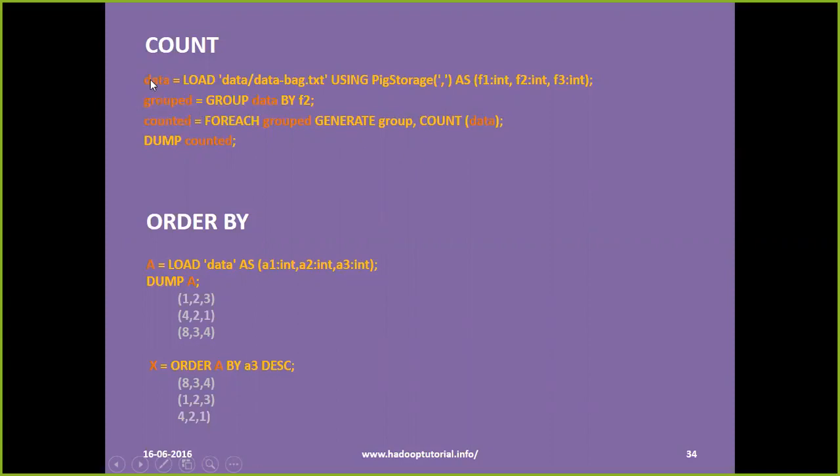Here I have a databag.txt, the same one, with f1, f2, f3. If I want to know each record count, first I should have the values grouped, the inner bag. So group data by f2, and then for each of these records I can generate the count: generate group, count of data.